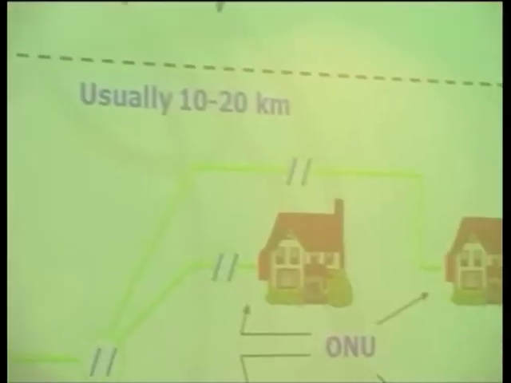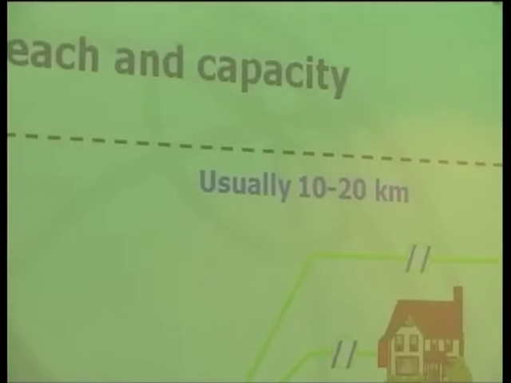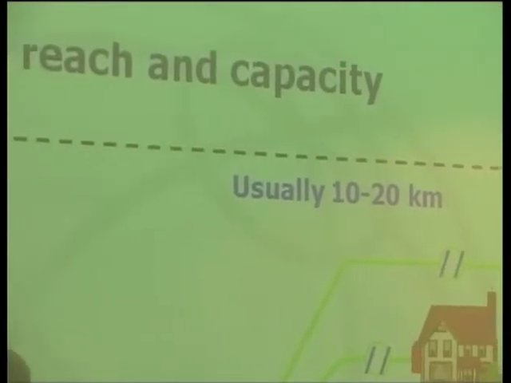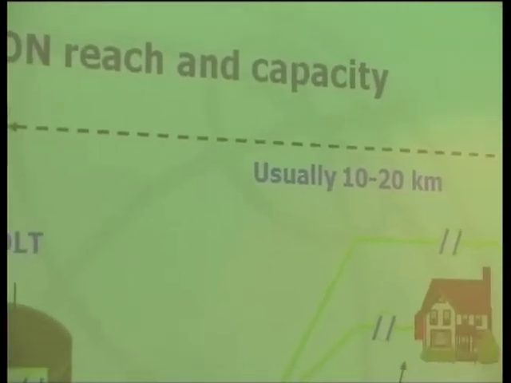And usually the reach is between 10 and 20 kilometers. This is the maximum reach you can get according to the standards, because otherwise the loss will be too high.